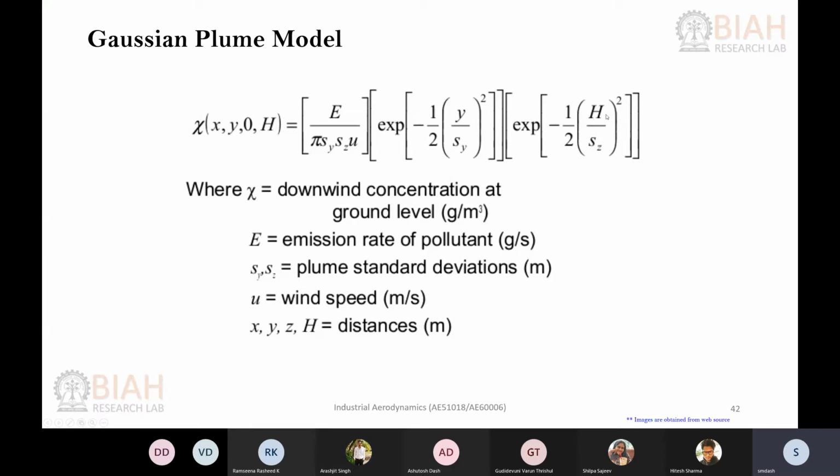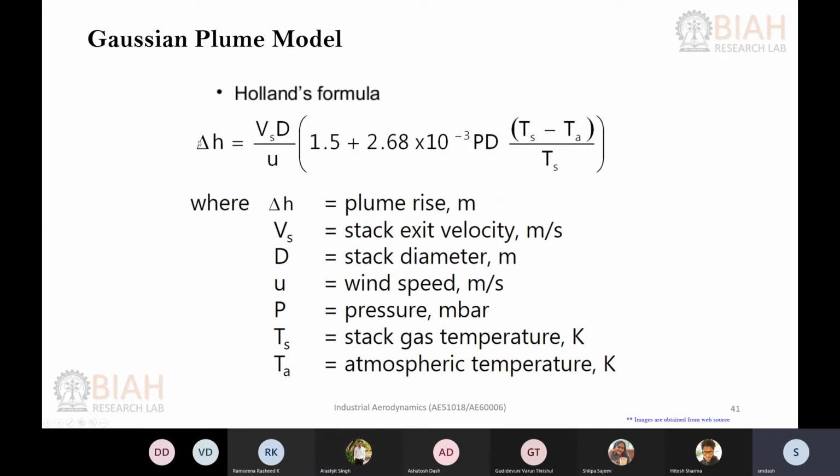So that's where you define your effective height. Plume rise is a fixed term. You can see that this is a fixed value. It cannot be changed. For a set of parameters, whatever is the release temperature, whatever is the wind speed, based on that you will get a fixed delta H. So H becomes fixed afterwards.